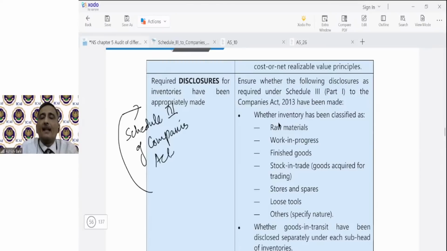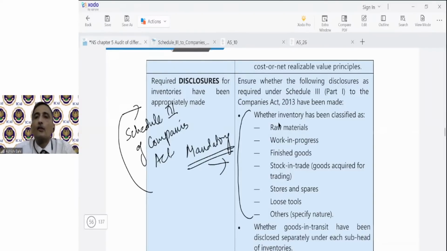So Companies Act Schedule 3, students, it requires that inventories need to be classified into these heads. So it is mandatory. Whatever disclosure, students, is required to be made in accordance with Schedule 3 of the Companies Act, these are compulsory, these are mandatory.